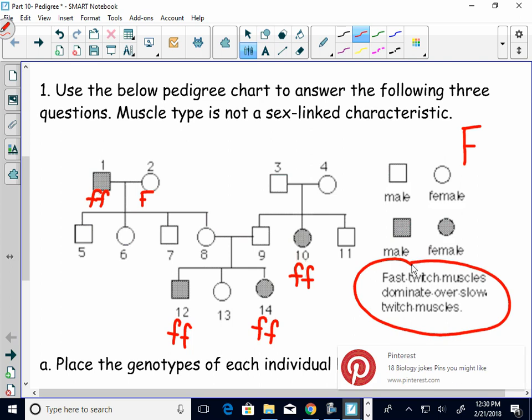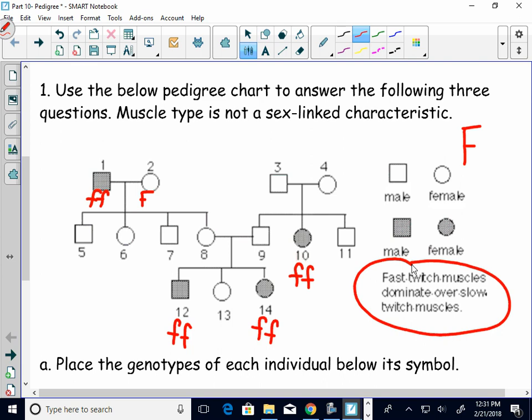Okay. It's what? 12, 13, and 14 are the grandchildren of 2. I would have to have gray. All right, I could get a lowercase f, though.